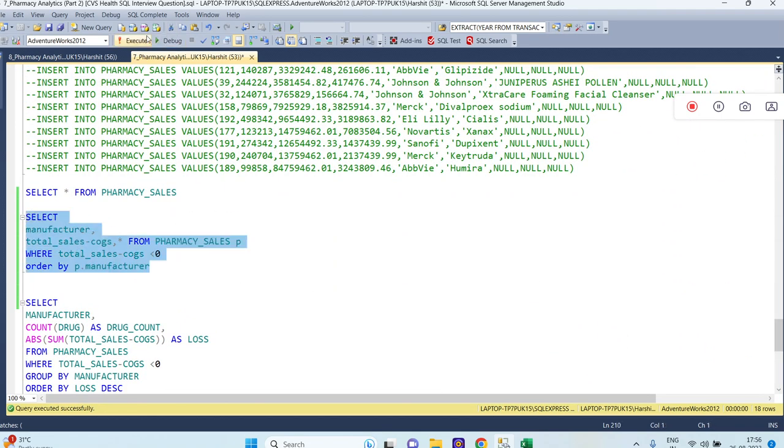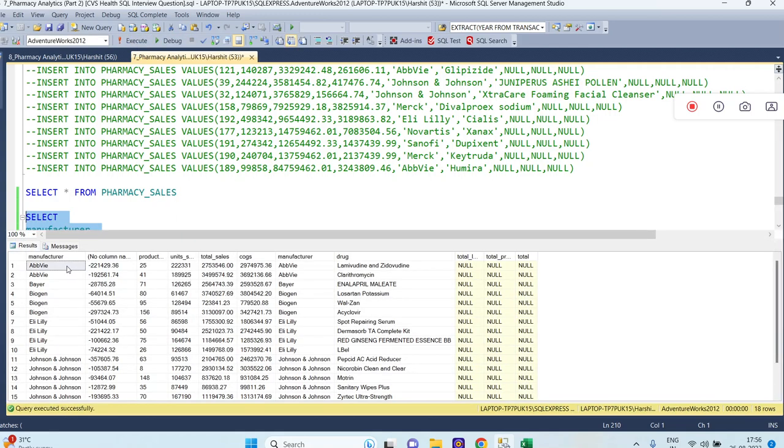We require the manufacturer, then the count of drugs associated with each manufacturer, and then total losses incurred for each manufacturer.